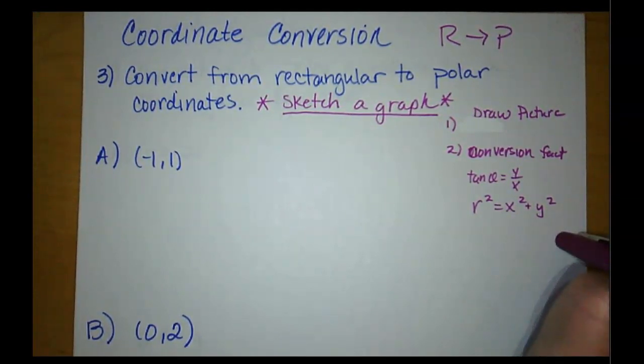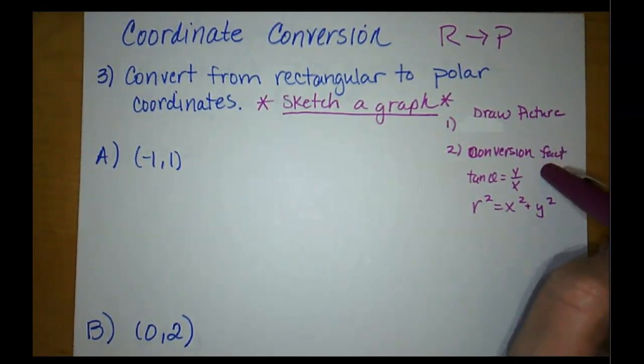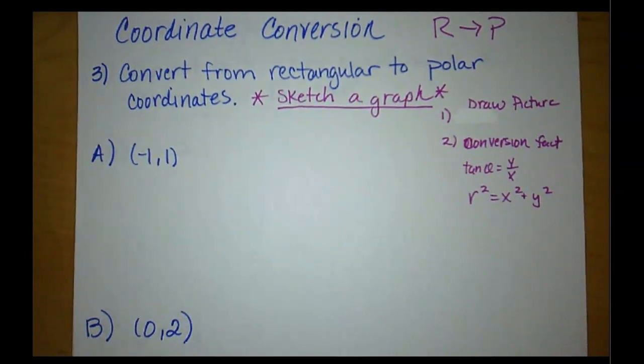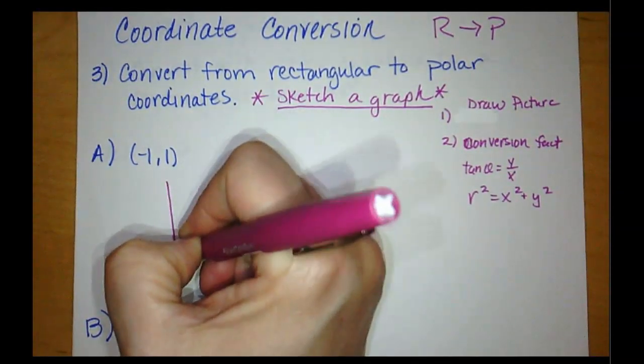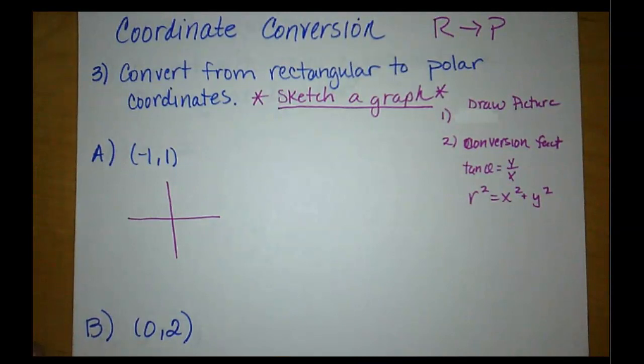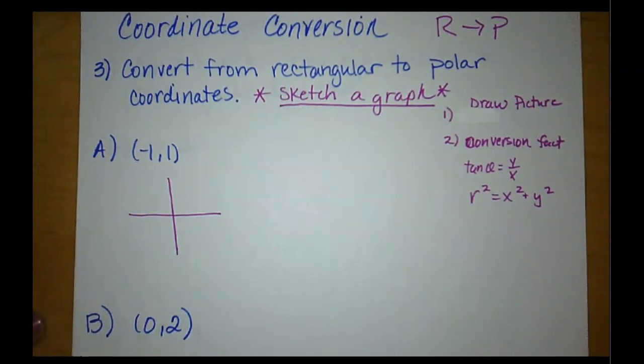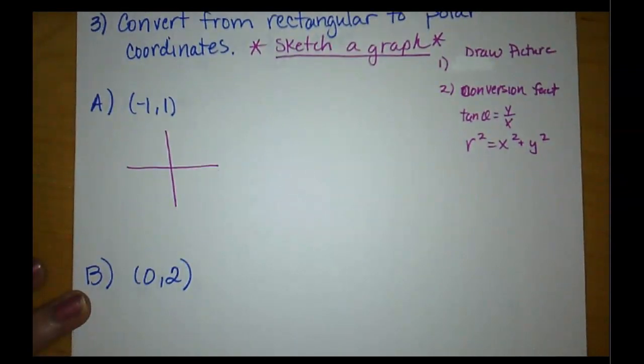So we use the r squared equation to get the directed distance. We use the tan of theta equation conversion to get our angle. And so that's how we're going to work through these problems. But as before, sometimes when you draw them, you can figure them out without having to do all of the conversions. And sometimes you're just going to have to plug and go through those conversions.